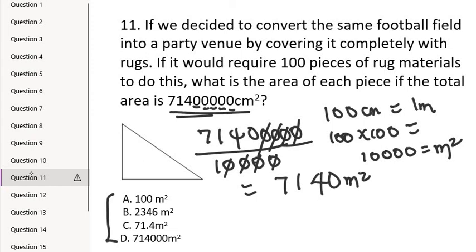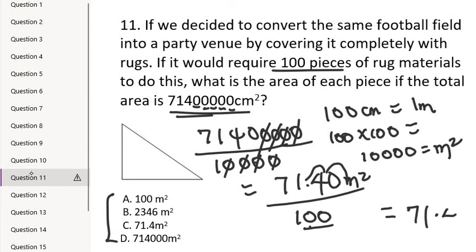Now what we have here is meter square. Now how many hundred pieces can I get from 7140 meters square? So I'm going to divide this by 100 now to get my answer. Since 100 has 2 zeros, from here I count 1, 2. So my answer will be 71.4 or 71.40. So the right answer is C.